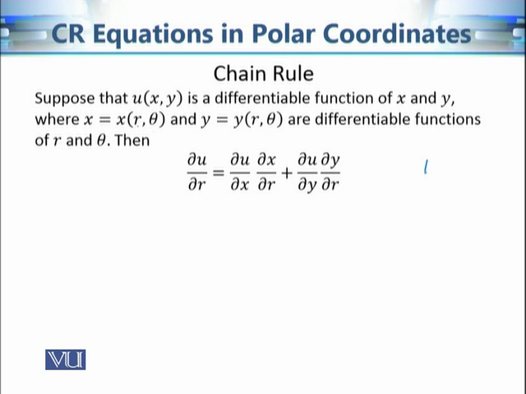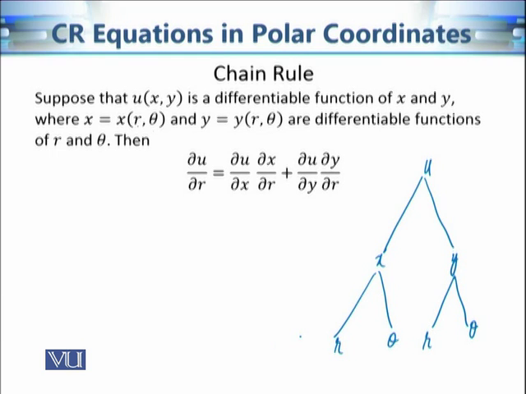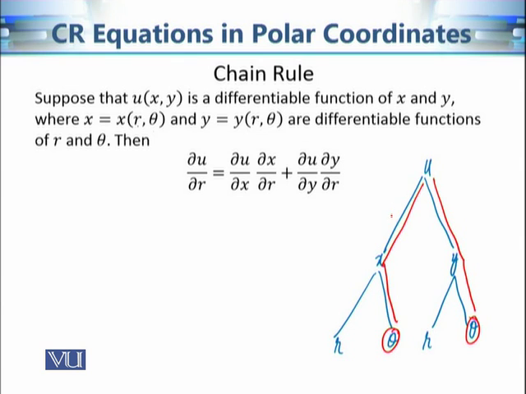In this case, we have the following tree: u as a function of x and y, and x and y are further functions of r and theta. Over here we have two branches. To approach theta, this is the first branch and this is the second branch. With respect to the first branch, what do we write?